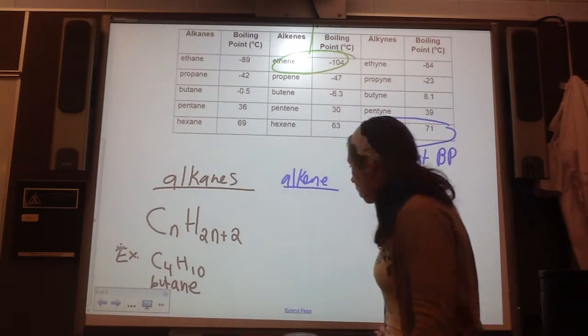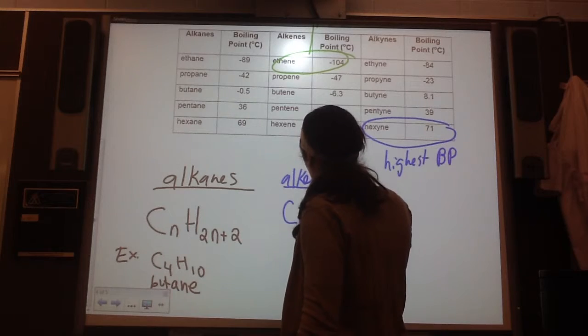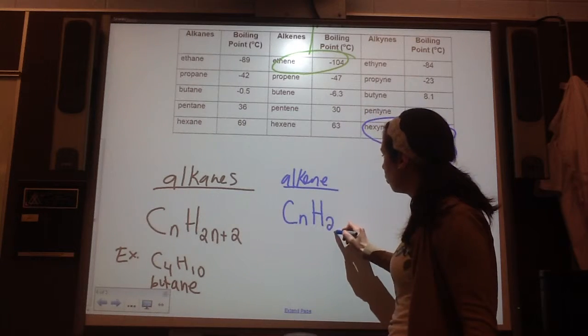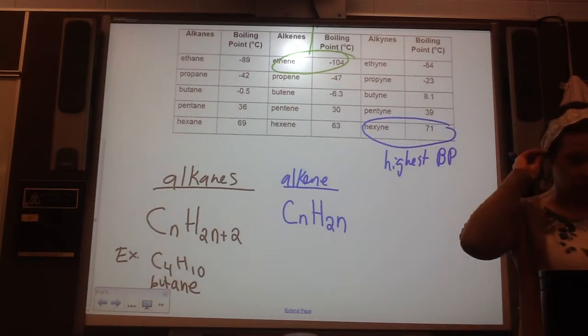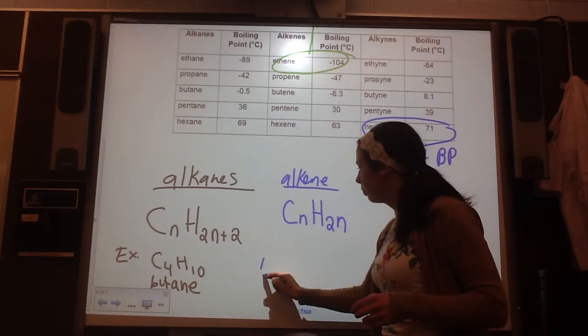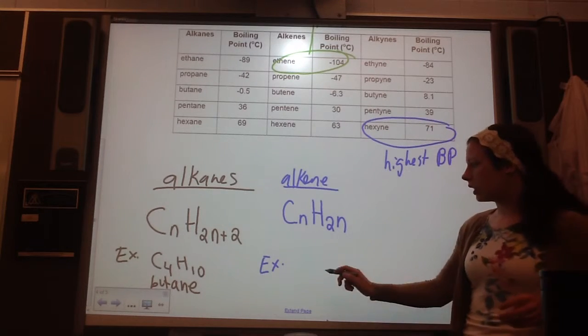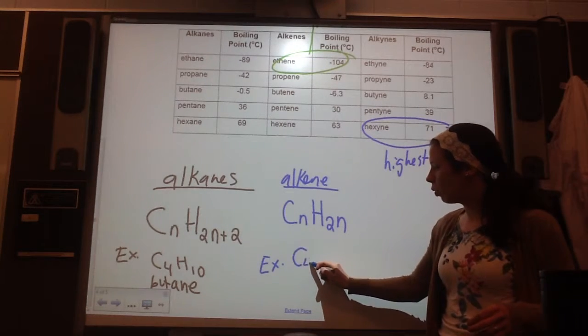Okay? So now alkenes, theirs is CnH2n. So an example, let's continue with our butanes here.